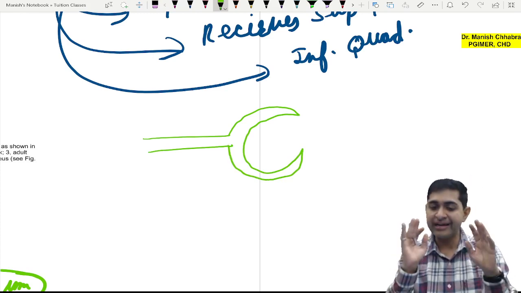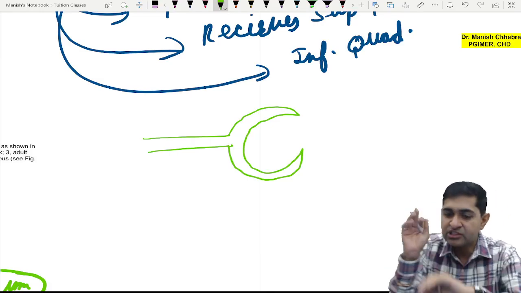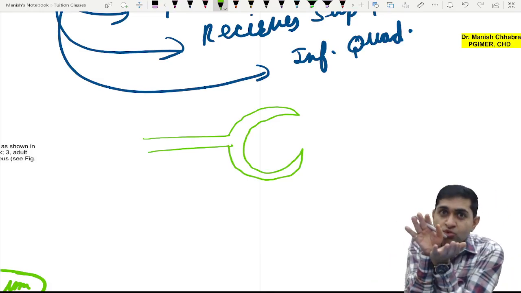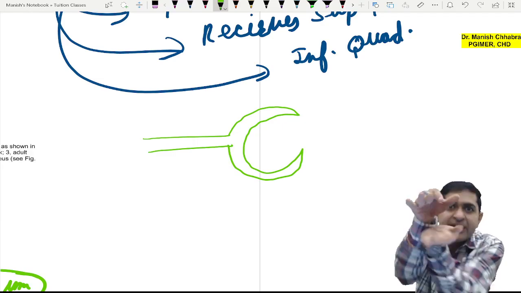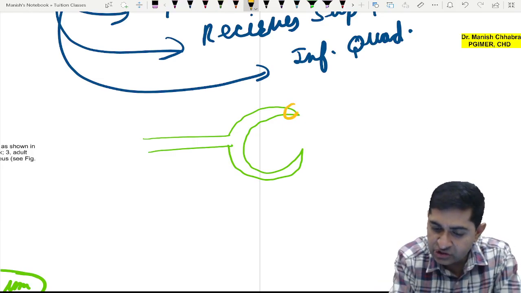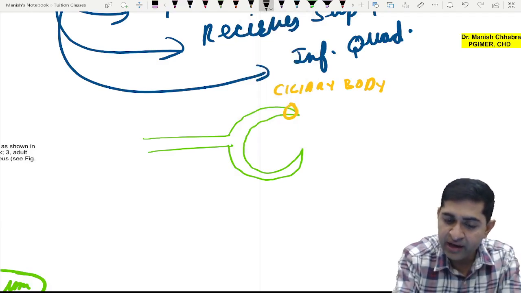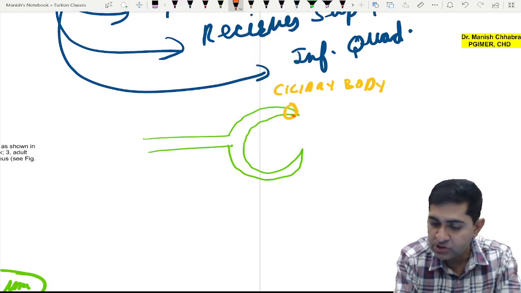Now the retina is formed from the inner 9 layers, the neurosensory layer, and the outer 10th layer, which is retinal pigment epithelium. But these 2 layers are going to proceed forward. And now there will be one structure which will be your ciliary body, and further when the cup closes, the 2 layers become common, again coming here, again coming here. Now they form one structure which is your iris.